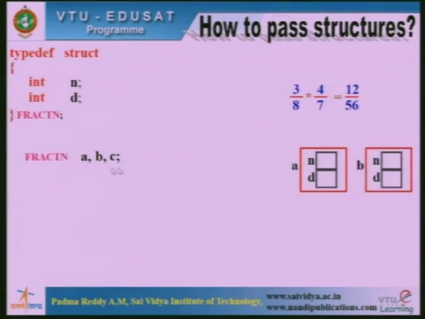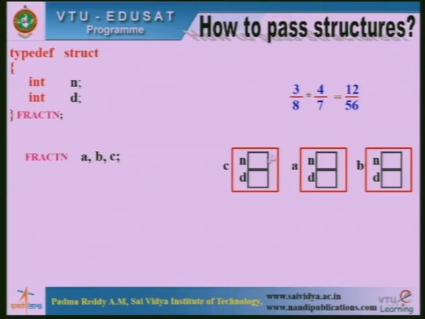B. Similarly, the compiler allocates 2 bytes for n, another 2 bytes for the denominator. This is the numerator and this is the denominator, and these two memory locations can be accessed using the common variable name c. So this is how the memory is allocated for the 3 variables a, b and c.